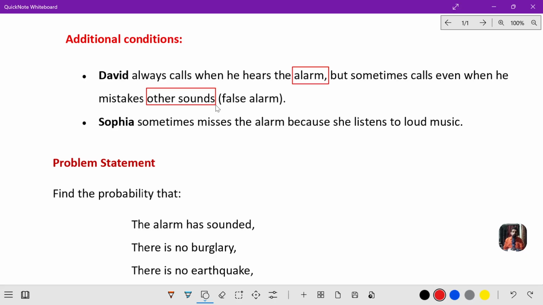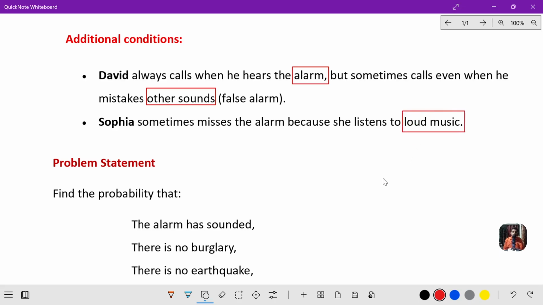Remember, the main goal of David is to inform Harry. David always calls when he hears the alarm, but sometimes he calls even when he hears other sounds. That is called a false alarm, so false information gets sent to Harry. Sophia sometimes misses the alarm because she listens to loud music.